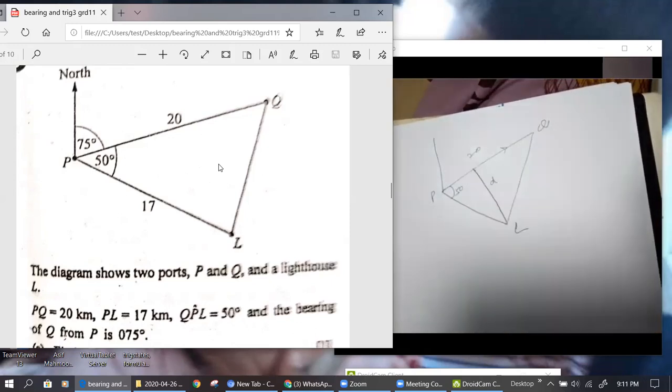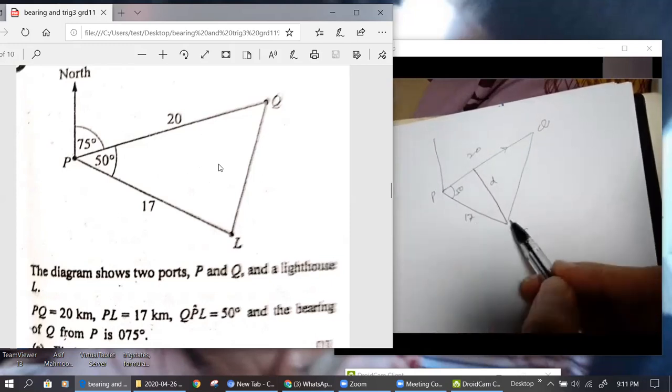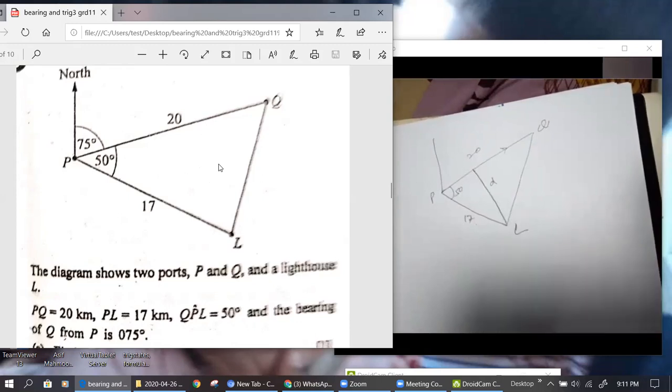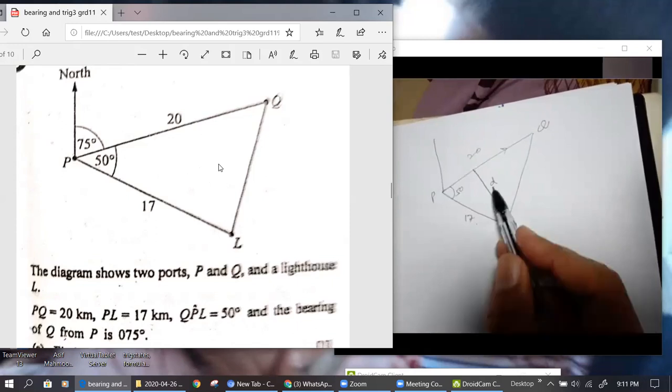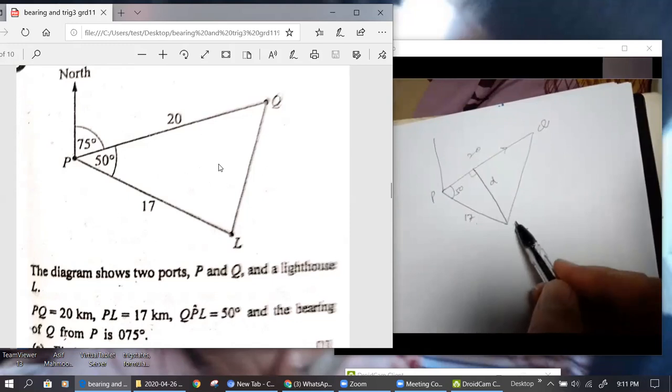So which ratio do I have to use for this? Whenever we talk about the shortest distance, it's 90 degrees. Remember. One second. L is the lighthouse. Where is the boat? The boat is going in this direction.